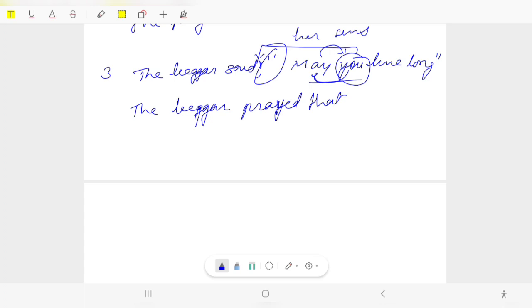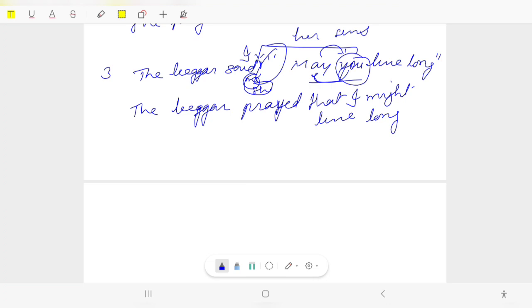So you may consider, if you consider here me, then according to that change here. If you consider here she, her, whatever you consider here, according to that you will write here. So let's say if you consider I, then the beggar prayed that I might live long. This way we change optative sentence.